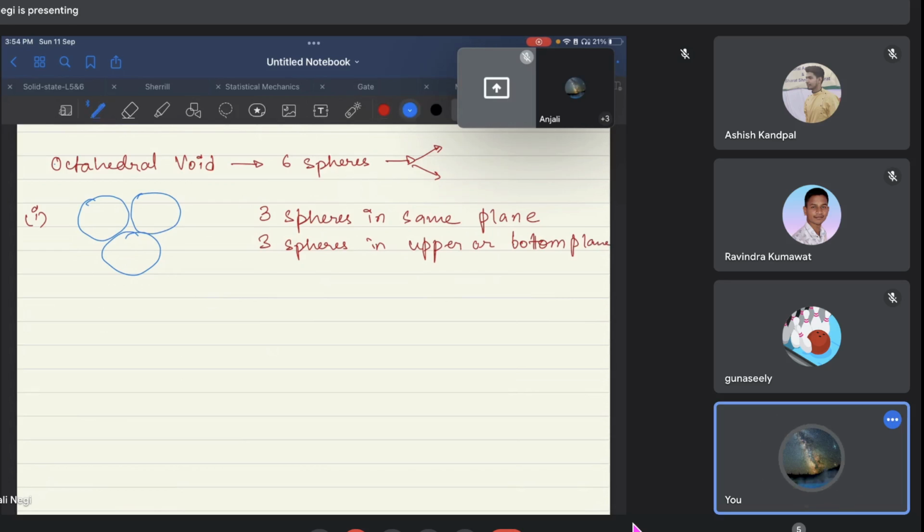Correct. So now the one I have drawn, I can just draw it in reverse. For example, like this triangle pointing there, so that the center of each sphere can be connected to one single dot, and this will be my octahedral void.